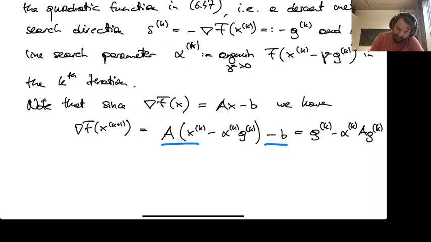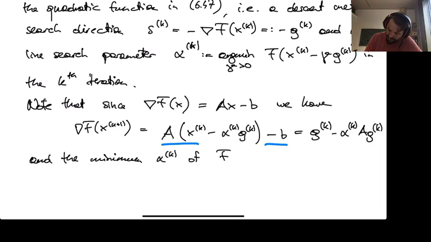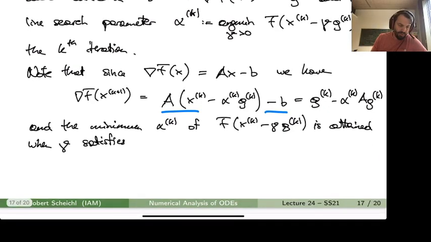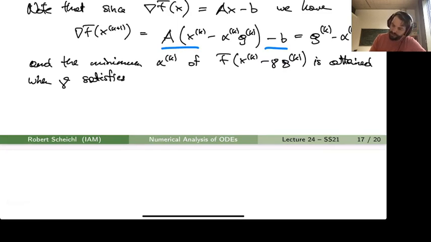And to get the line search parameter alpha k of the function f of xk minus gamma gk in the kth iteration, the minimum alpha k of this function is attained when gamma satisfies, so we need to minimize this function.